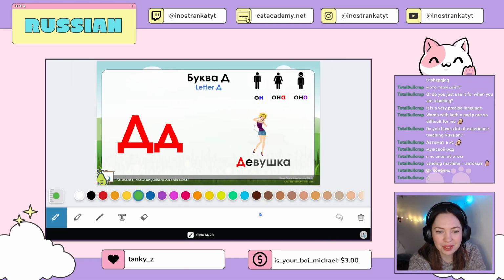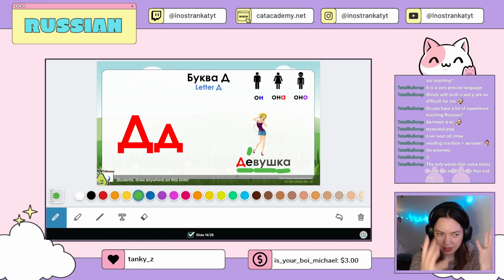Next word, also from the previous lesson, девушка. To stress the first syllable. Девушка. Девушка. This one is pretty easy. If you see that the person has traditional male features, you can say on.